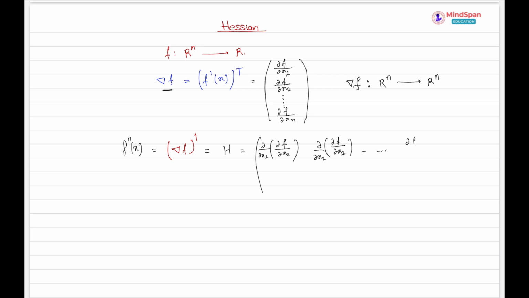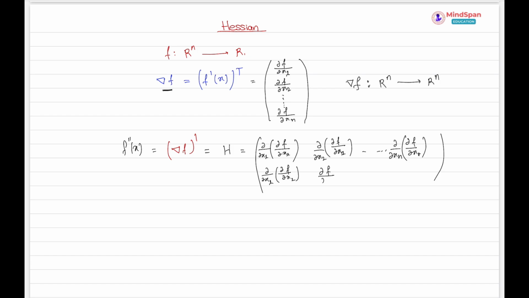You will take the partial derivative of this function with respect to all the variables. So you have n number of variables, right? Now you will take the next function and do the same thing. So now we have del f del 2, and you will take the partial derivative of this with respect to x1.